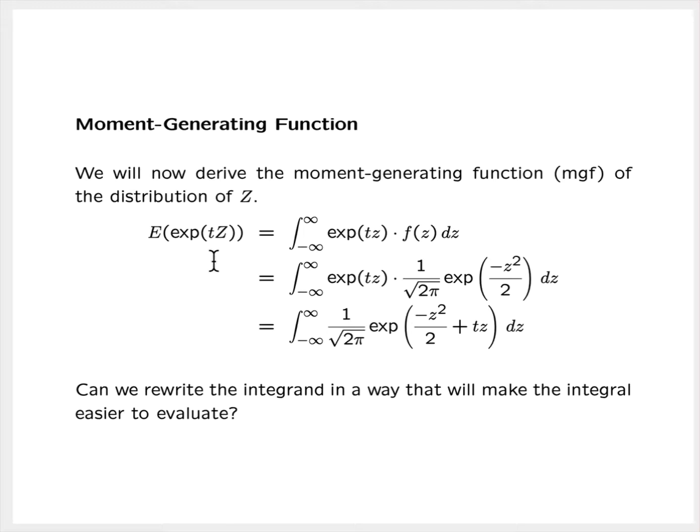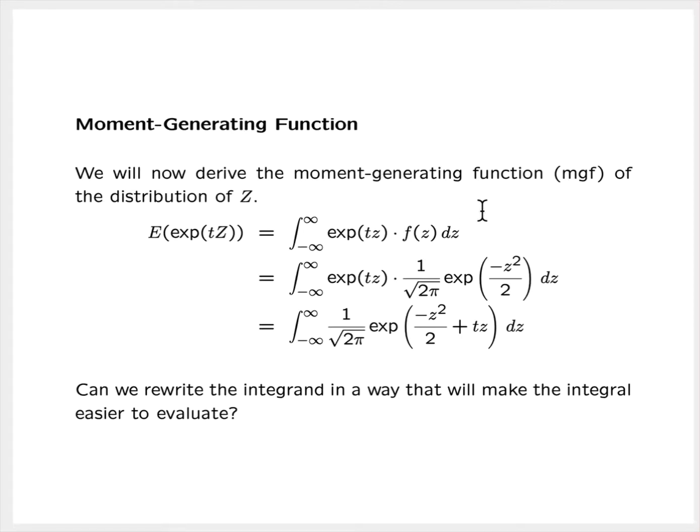So by definition then, the expected value of the exponential function evaluated at t times z is going to be the integral over the real line of the exponential function t times z times the PDF.